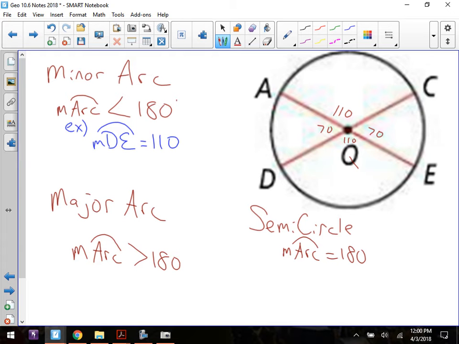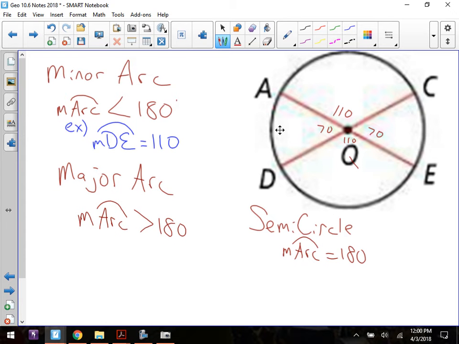When I use a major arc, I'm going to use 3 letters, and it tells me which direction I'm going. So if I say measure of arc EDC, going from E, D to C, that means I'm looking at an arc from here to here.